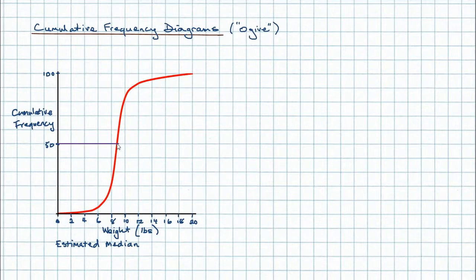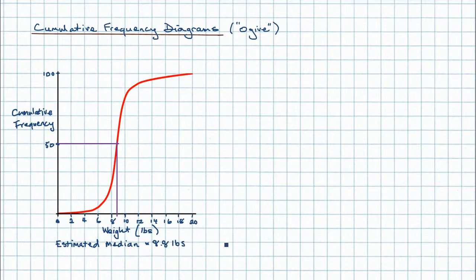Now very carefully from the centre of that line, so from about here, if we draw down to the weight, we can see that the median is between 8 and 10, and it's less than 9. So I'm going to say it's 8.8. Okay, so the estimated median we can read off as 8.8 pounds.